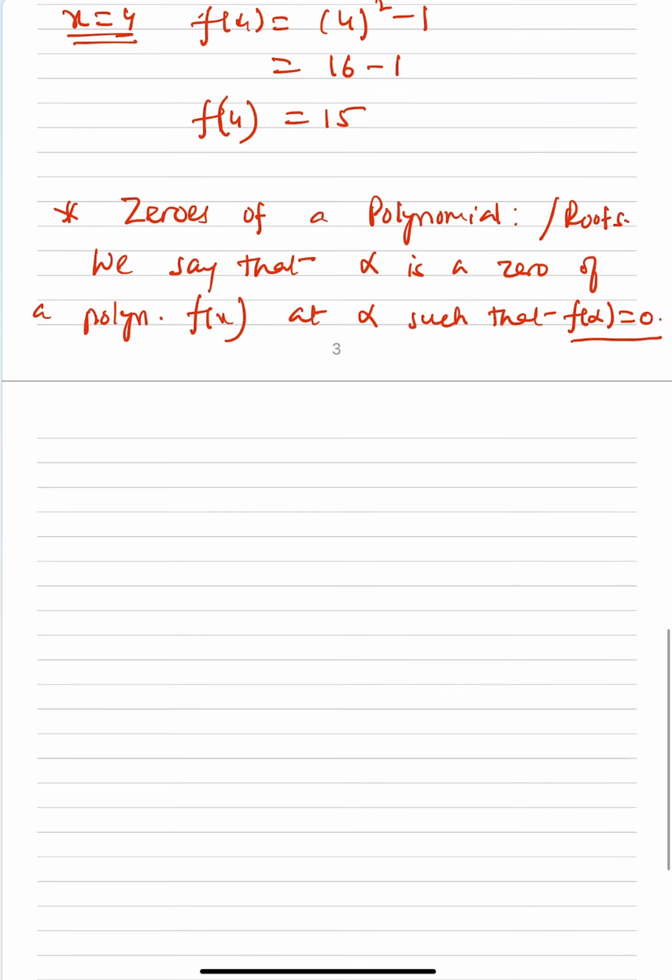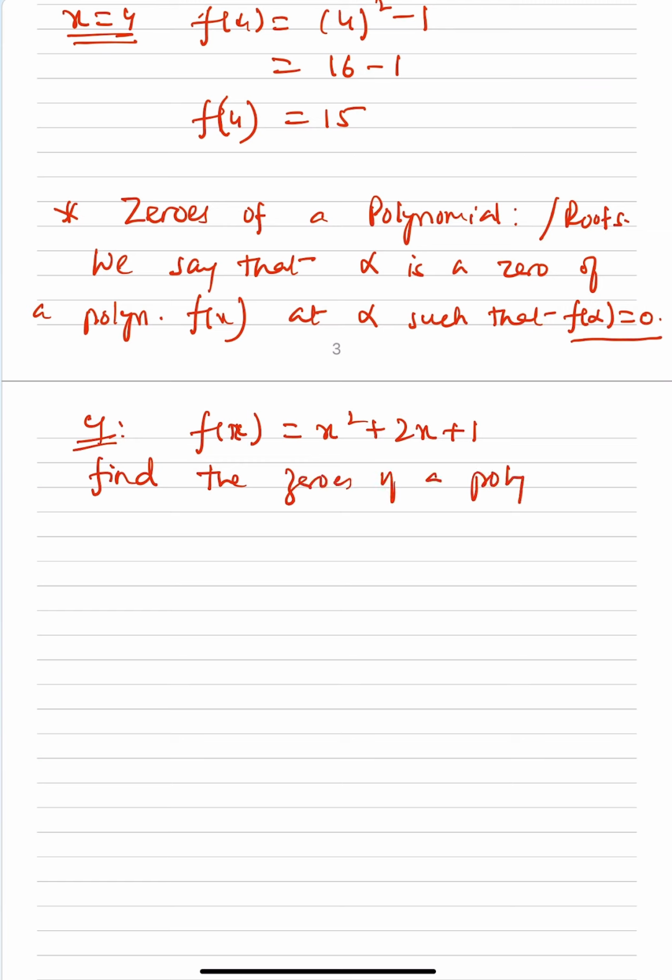Now this we can understand very easily by solving an example. The same example, if I take f of x is equal to x square plus 2x plus 1. Find the zeros of a polynomial at x is equal to, say, 0, 1 or minus 1.